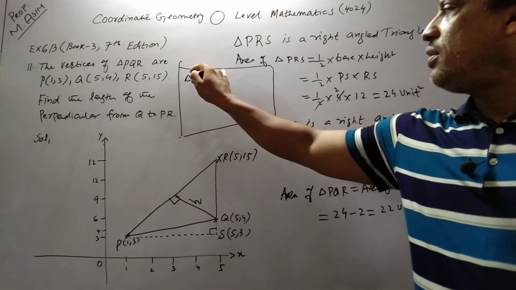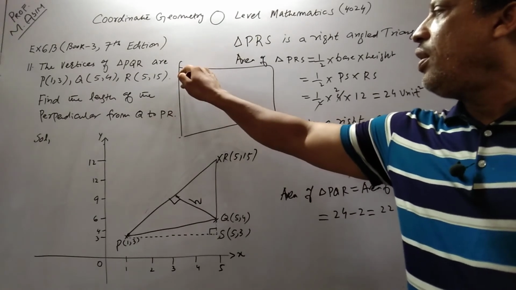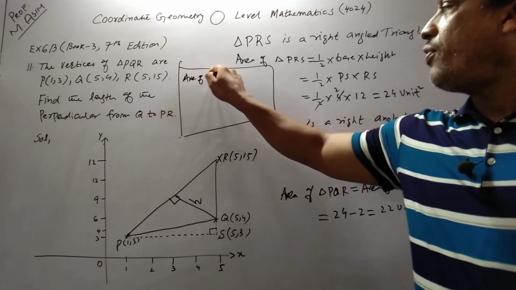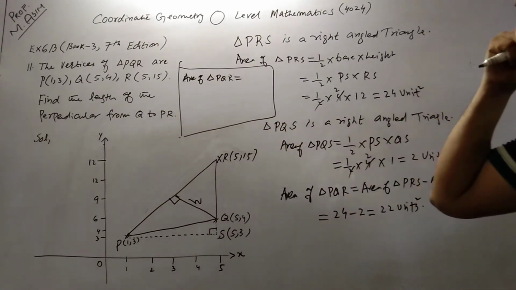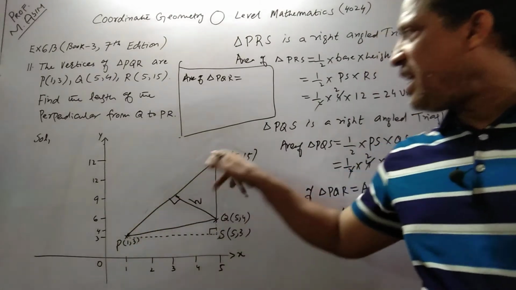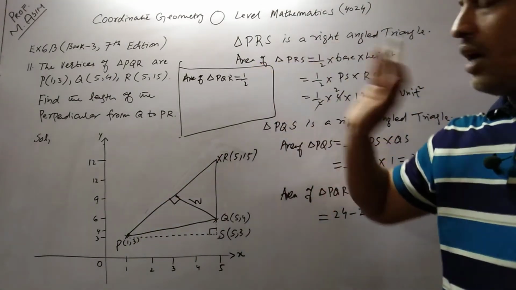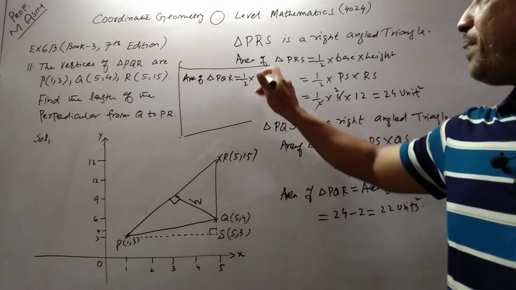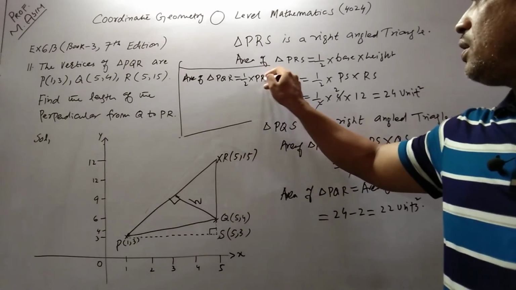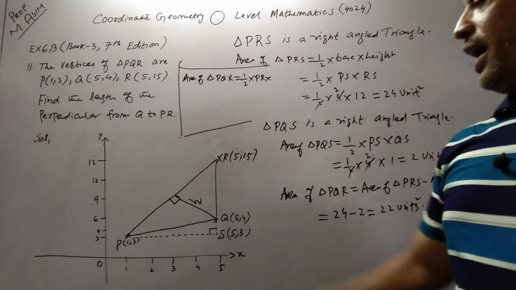So area of triangle PQR is equal to, if we take the base as PR, half from the formula, multiplied by base PR and multiplied by height.